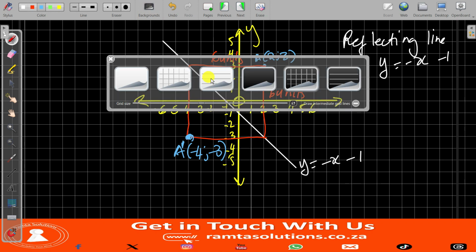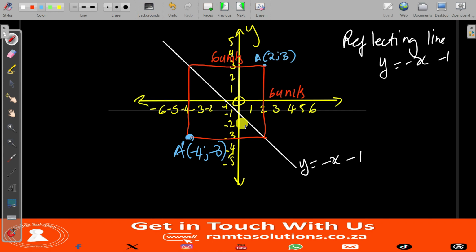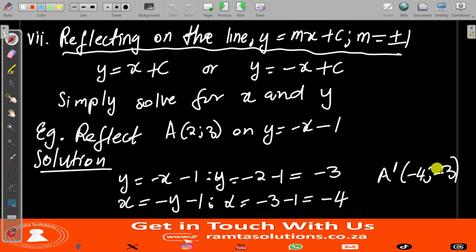Let me remove the grid now. So we just found x value to be -4, y value to be -3. Is this corresponding to what we had? Yep. Do you see that? Indeed, this corresponds to what we had.